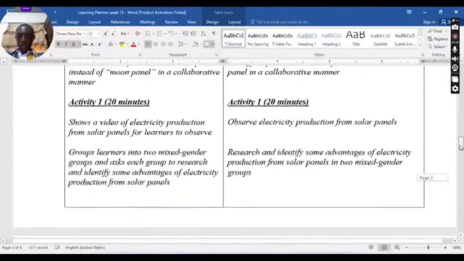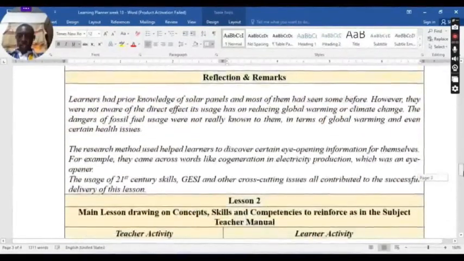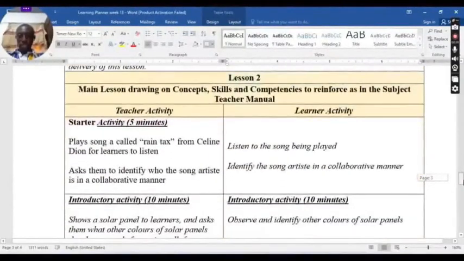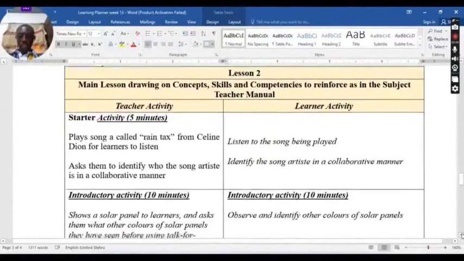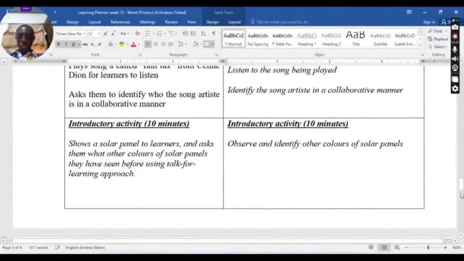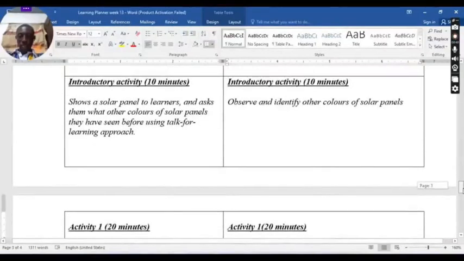Now lesson 2 talks about how solar panels actually convert sunlight into electricity. So lesson 2 is about the conversion, while lesson 1 is about the advantages and disadvantages of solar panels and fossil fuels respectively.